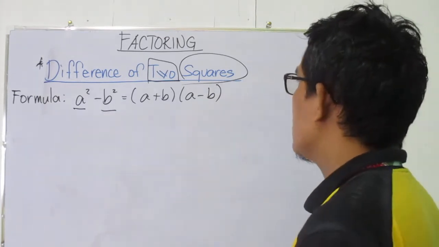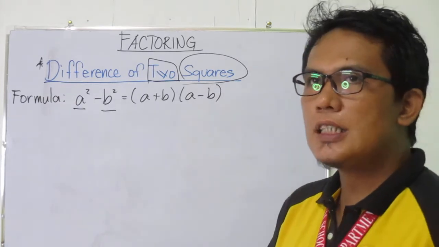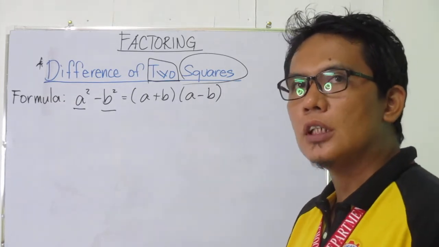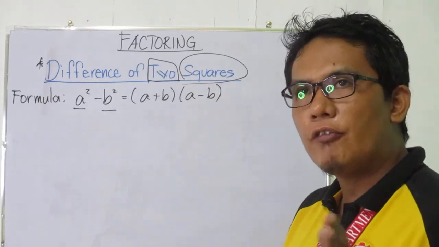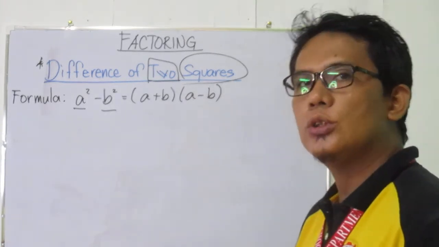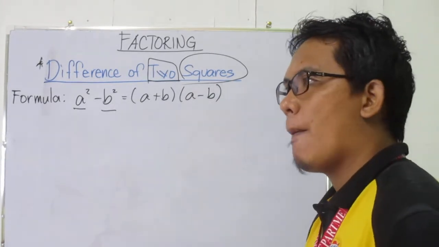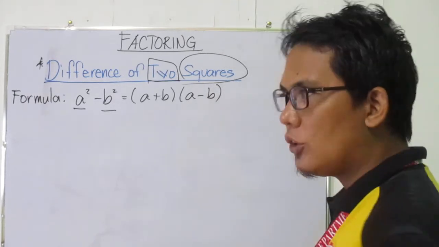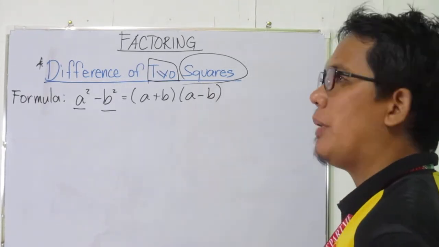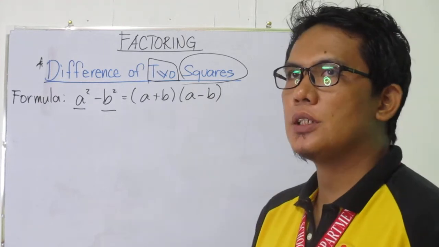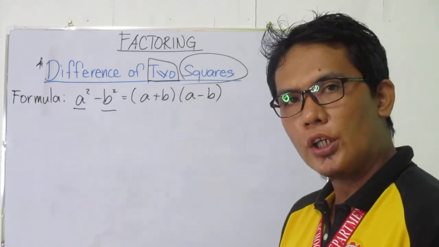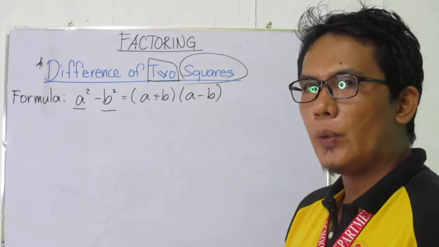And second, if the given expression has two terms, the first and the last term should each be a perfect square. So what do we mean by perfect square? It means numbers like 1, 4, 9, 16, 25, and so on.